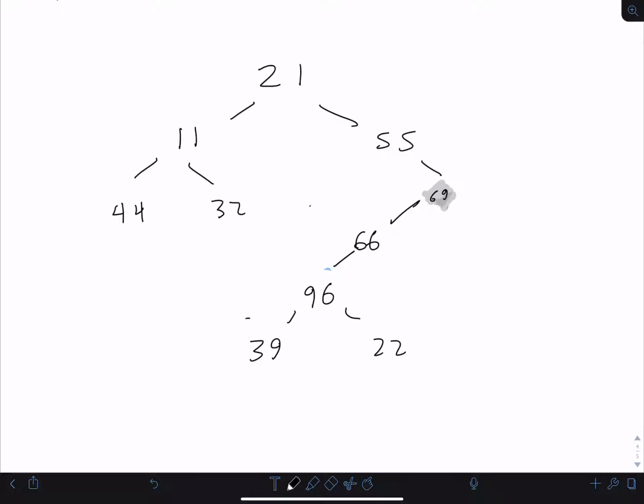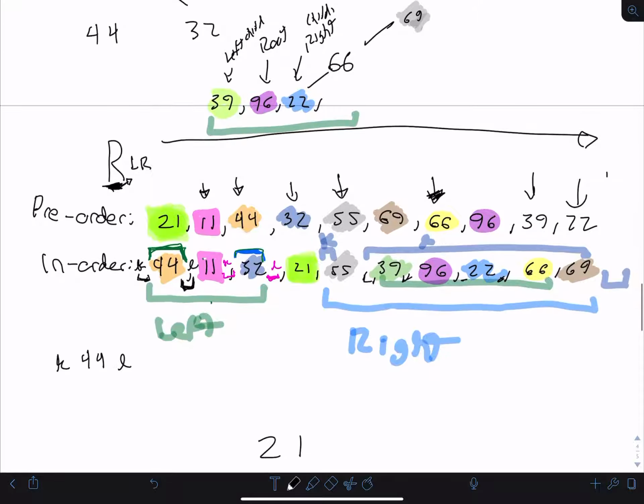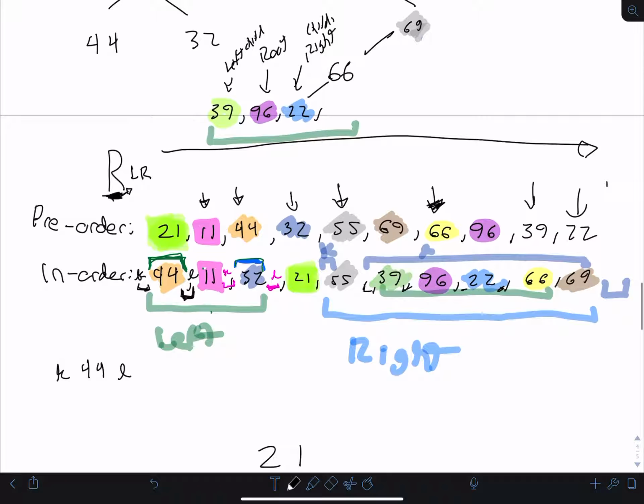Questions about that? Can you go back to the 69 again? How did you determine that one was on the right? So we finished 55, and that's the first thing that was on the right side of the tree from the 21. So that means that we were looking at the list from 55 all the way to 69. And then we went to the 69. The 69 is at the end of this sublist.